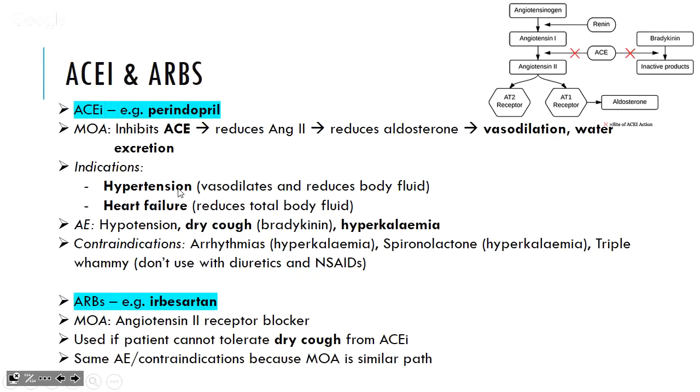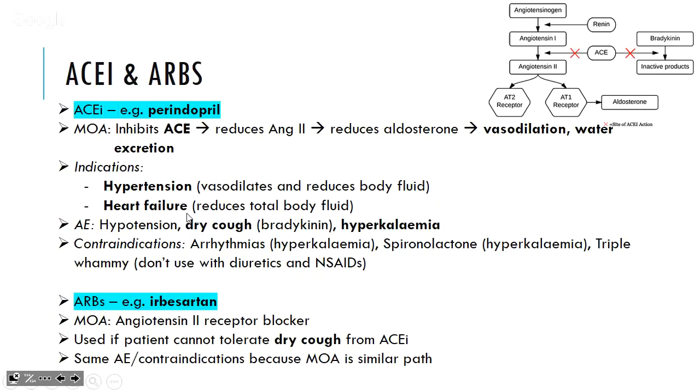Going to more specifics, ACE inhibitors. For example, perindopril. It inhibits the ACE enzyme. As you remember, ACE is angiotensin converting enzyme. If you inhibit this, you inhibit aldosterone as well. Because of that, you get vasodilation and water excretion. So it's used to treat high blood pressure and heart failure.